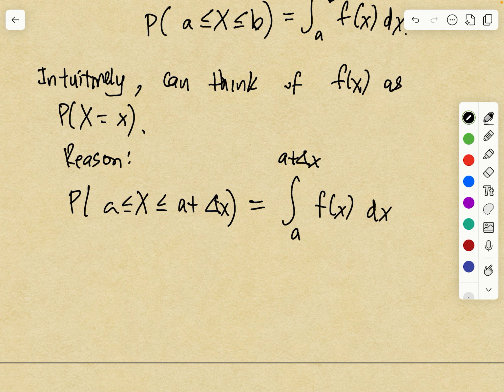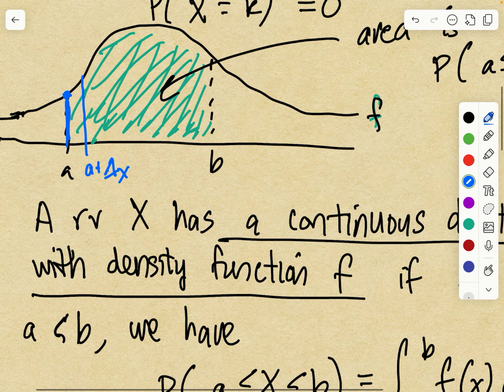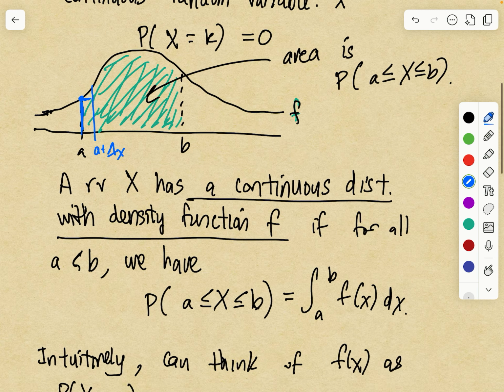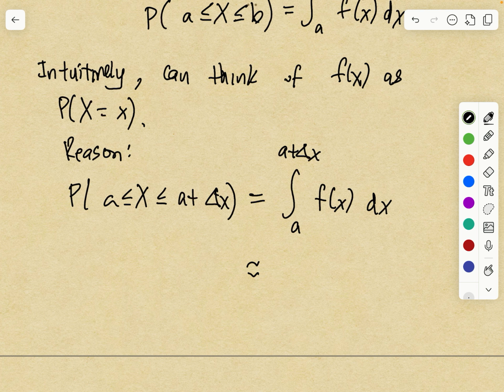And if delta x is small, this area under the curve is approximately the area of the rectangle. You can look at the left approximation where the rectangle's height is f of a. So it's approximately f of a times delta x.